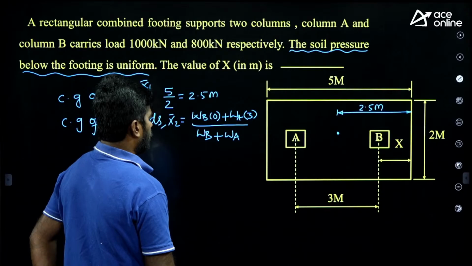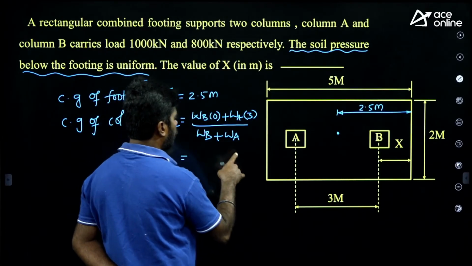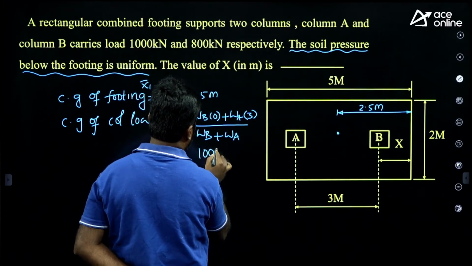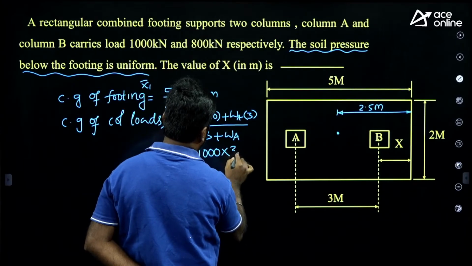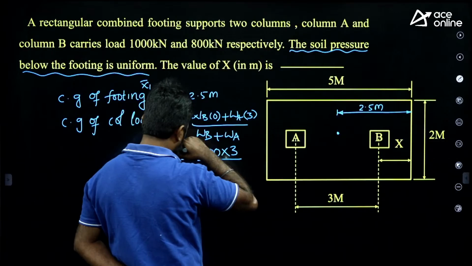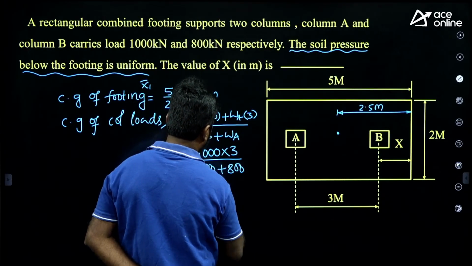Right. Fine. Now, what is the column load WA here? 1000, into the distance of 3 meters, the center to center distance, upon 1000 plus 800. How much is it?